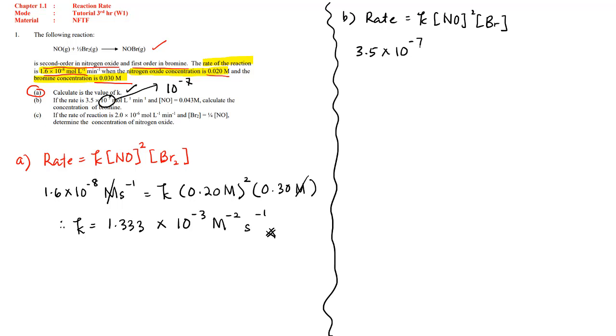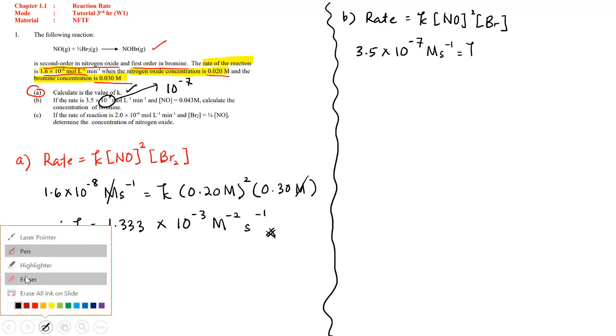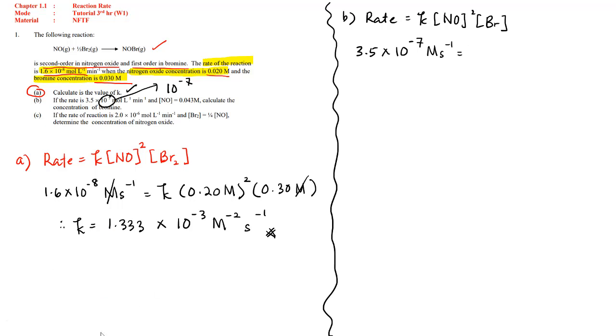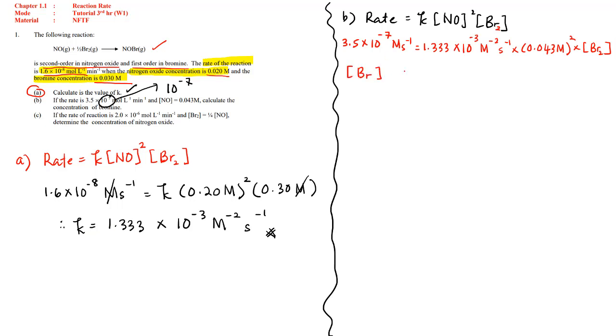Okay. Negative 7 molar per second equals K. Okay, we have the K value. Alright, so solve it. When you solve it, you will get the value of the concentration of bromine around 0.142 molar.